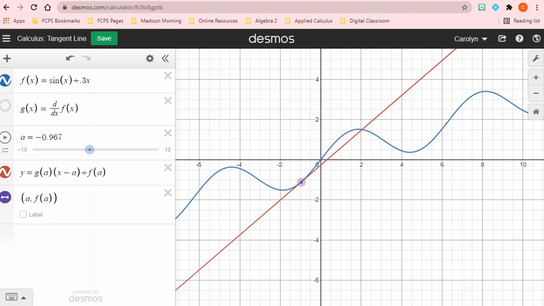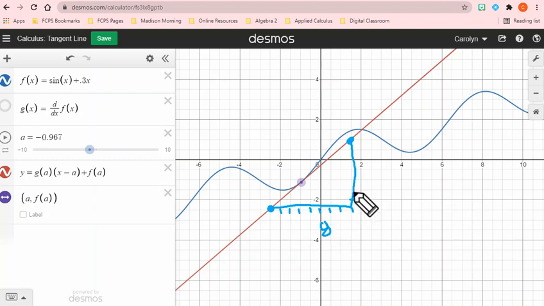When I'm counting slope, I'm looking at the red line and I'm looking for points that are easy, like they're on the grid marks. Okay, that one looks pretty good. 1, 2, 3, 4, 5, 6, 7, 8.